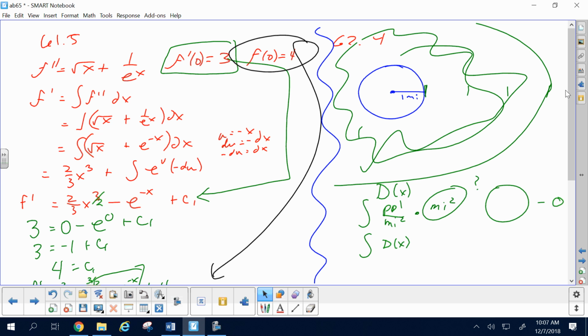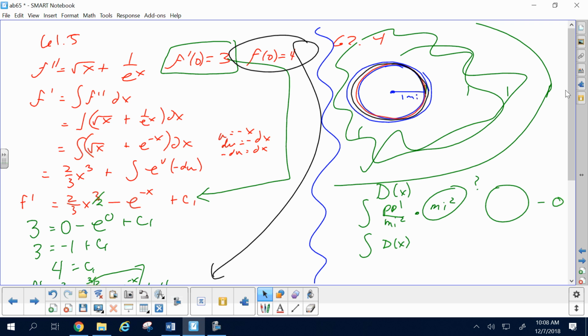The density is different for every step out from the center you take. So the density here, just on this line, would be totally different than the density even 1 foot further away. And that would be different than 1 foot further away from that. And so I couldn't just do one big area calculation.